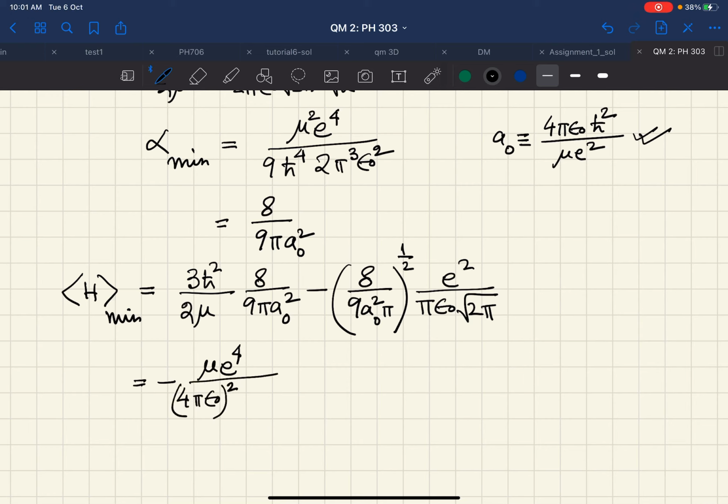This is what you will finally obtain. So the only thing that you have done here is that in getting this result, this line, you have replaced a naught everywhere using this.